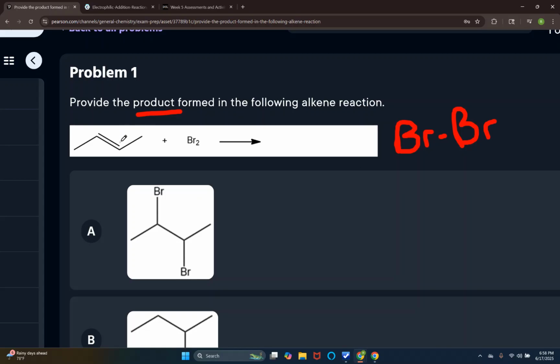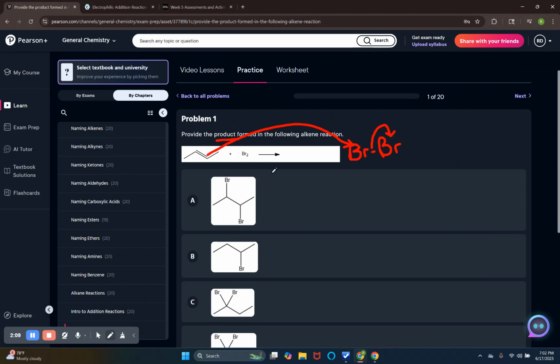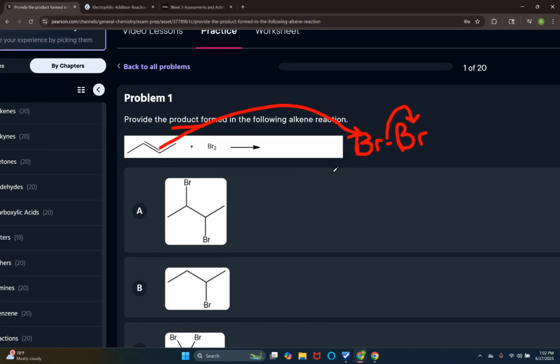So what's going to happen is the double bond here is going to attack one of these bromines, and it is going to kick off the electrons onto one when it takes the other. Now, I realize that, seeing this in bond line structure, it can get a little confusing because the two carbons look like they're far away. So I'm just going to redraw it like this.